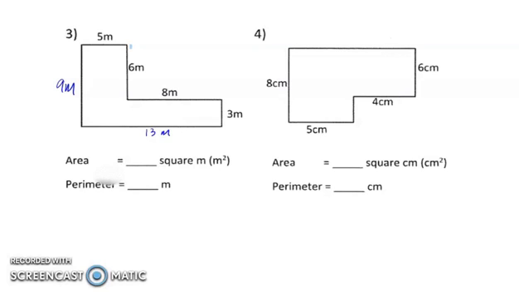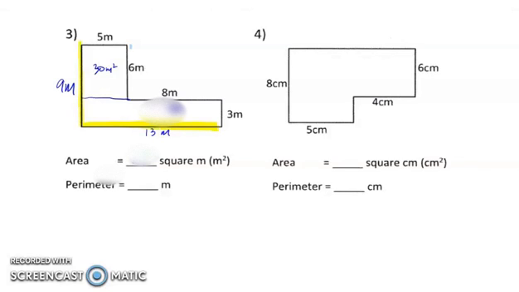So I asked for the area of this thing. Again, it's a matter of choice which way you want to split it. I'll split it horizontally again because I see a nice 30 up here, and then on the bottom it's going to be 8 times 3, which is 24, for a total of 54 square meters. On the perimeter, I'm just going to go 9 plus 13.